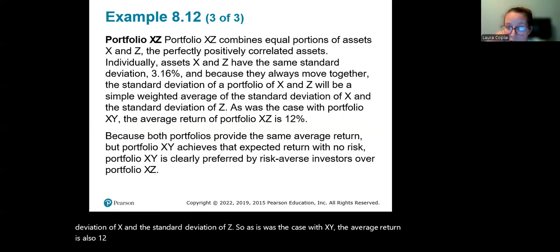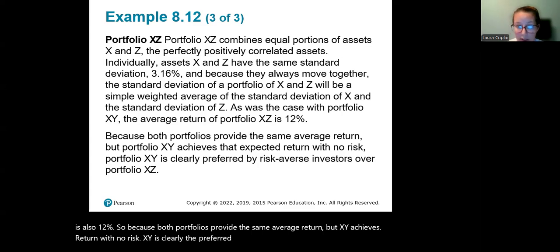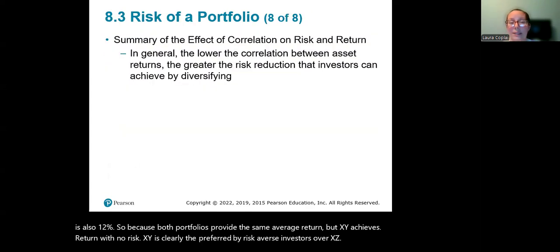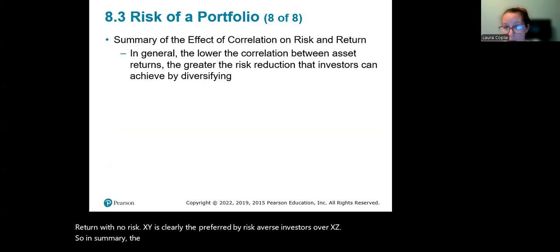Because both portfolios provide the same average return, but XY achieves that expected return with no risk, XY is clearly preferred by risk-averse investors over XZ. So in summary, the lower the correlation between asset returns, the greater the risk reduction that investors can achieve by diversifying.